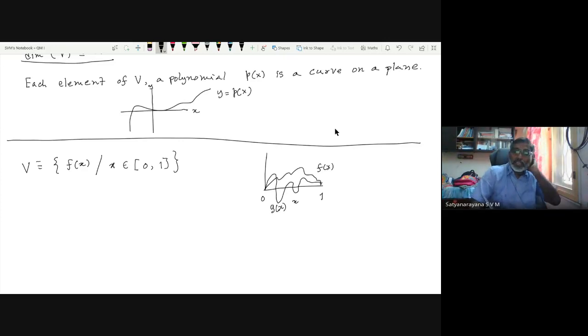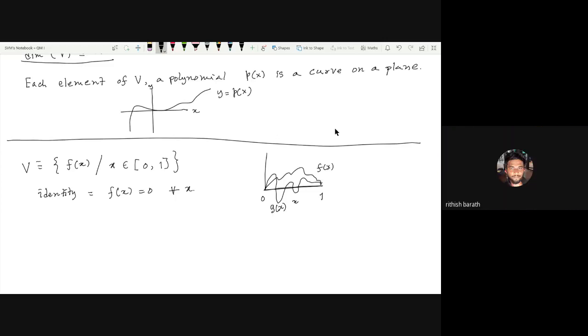Like this I consider the set of all functions, and this will become a vector space. What is the identity? The identity is f of x equal to 0 for all x. That means that function will be simply f of x equal to 0.